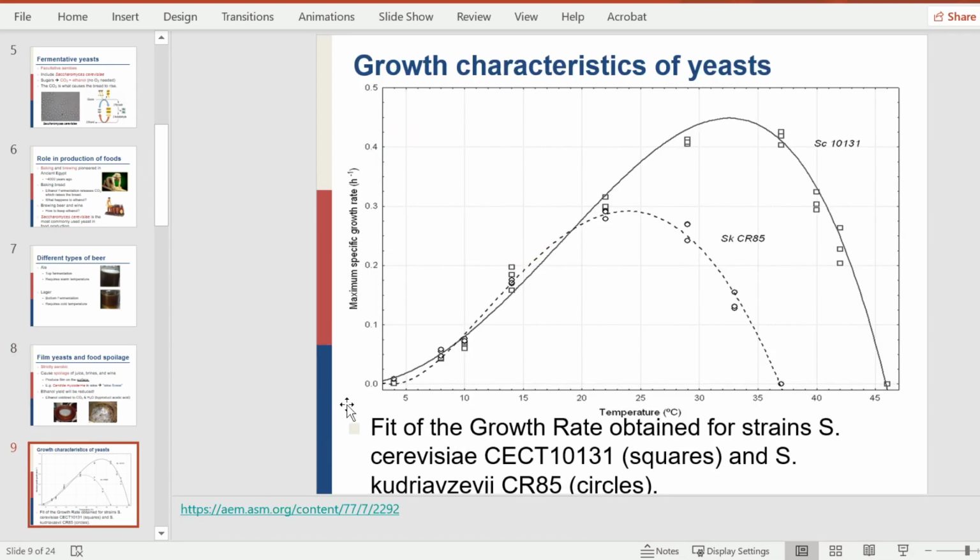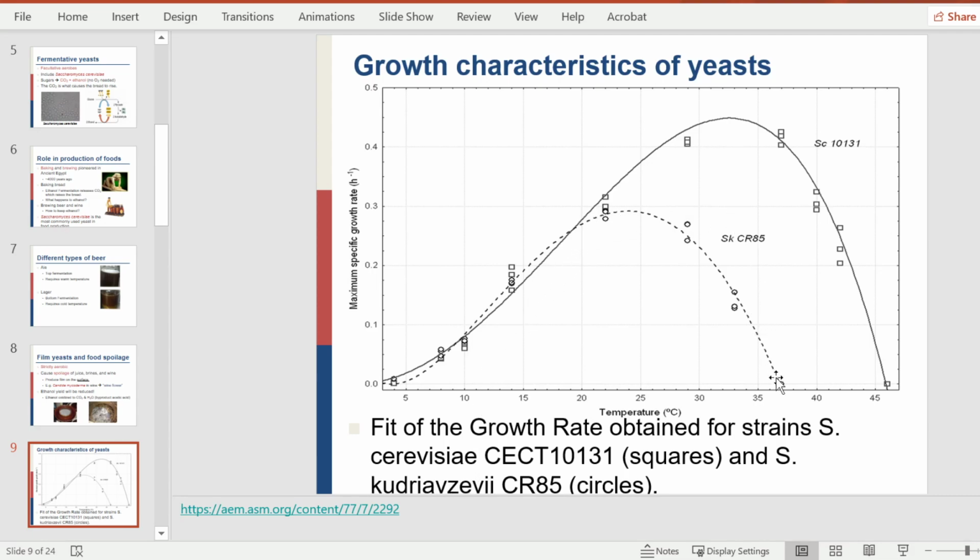So for this one, we have our growth characteristics of yeast. So the maximum specific growth rate, so the higher the growth of the organism is on this axis, the y, and then the temperature. So as the temperature increases, you can see it increases up to a certain point, and then starts to decrease from there rapidly. So we have two different strains. We have S. cerevisiae and S. kudriavzevii.